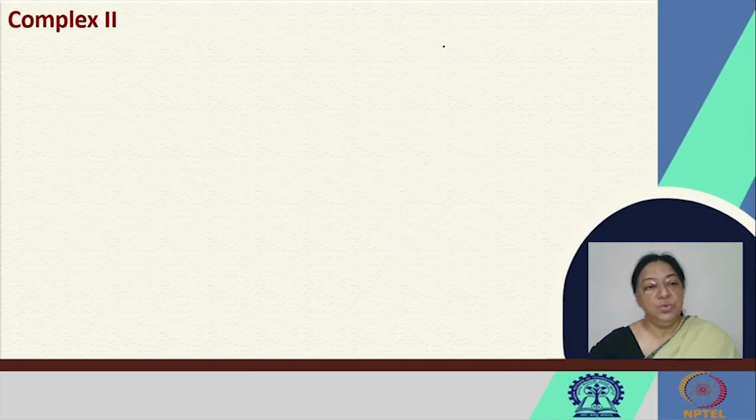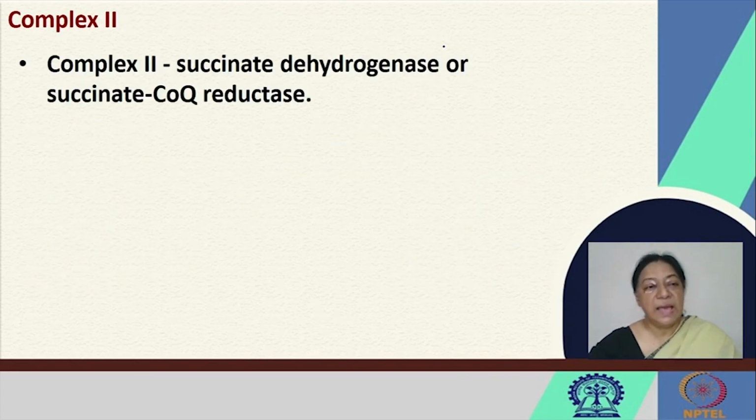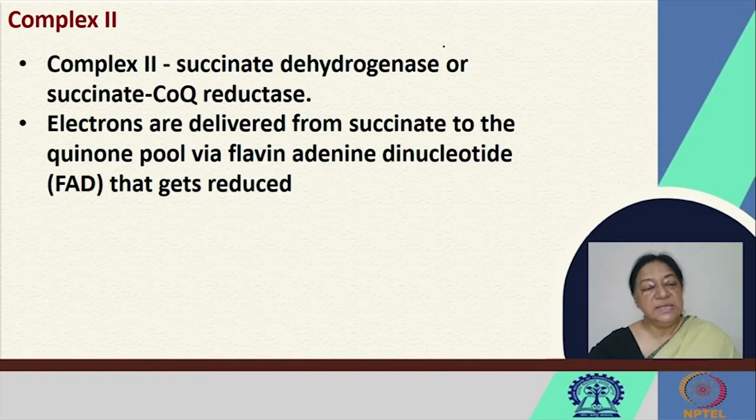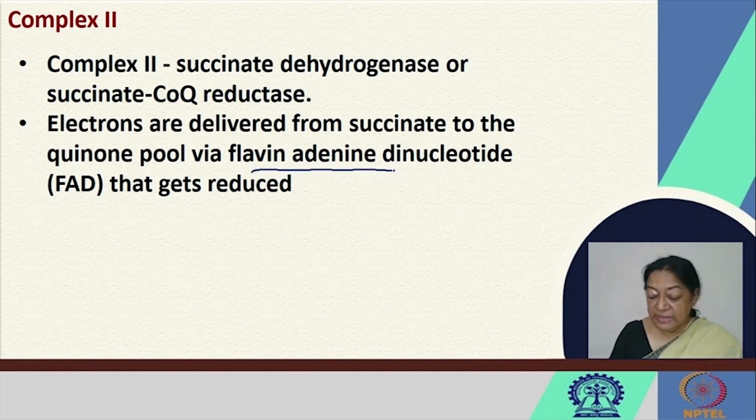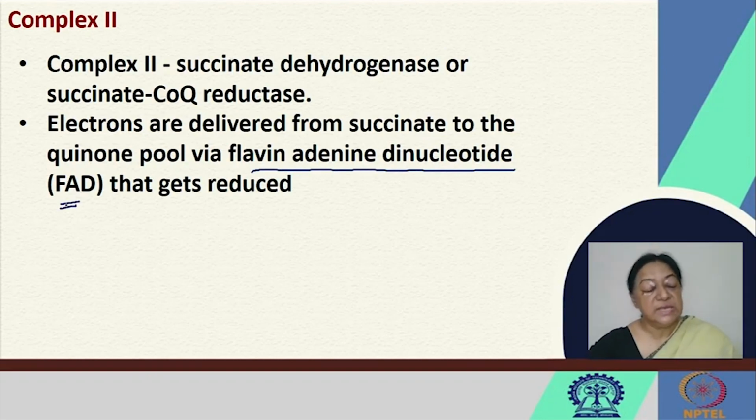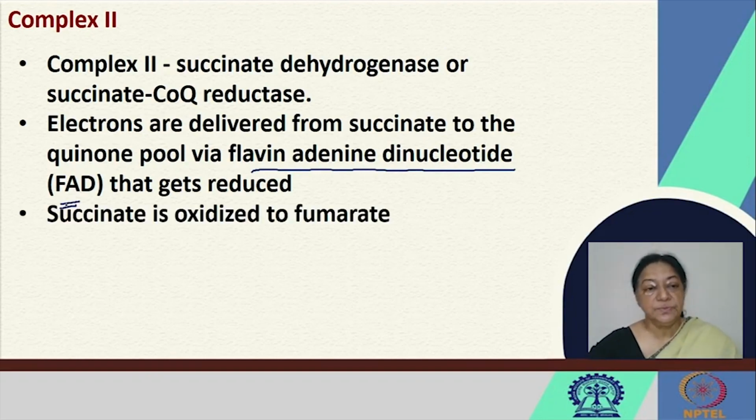In complex 2, we are looking at a protein, succinate dehydrogenase, also known as succinate CoQ reductase. In this case, electrons are delivered from succinate to the quinone pool via flavin adenine dinucleotide, FAD, that in the process gets reduced.